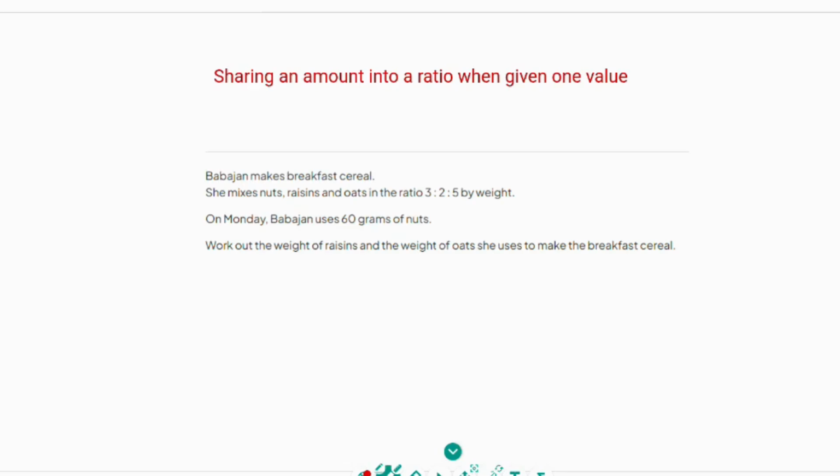Okay, maybe have a go at this one yourself. Put me on pause, unpause when you're finished. So we've got nuts, raisins, oats. Got 3 for nuts, 2 for raisins, and 5 for oats.